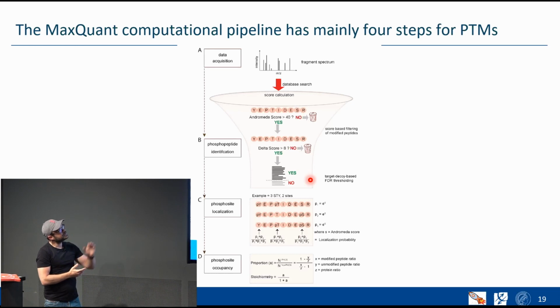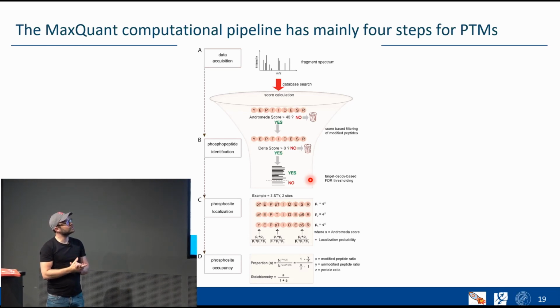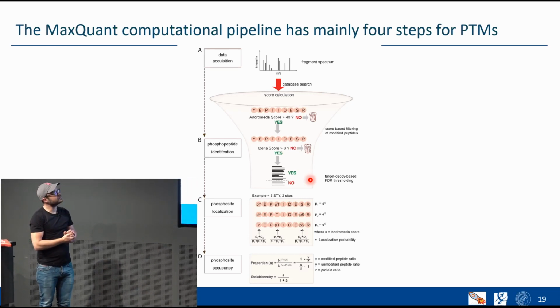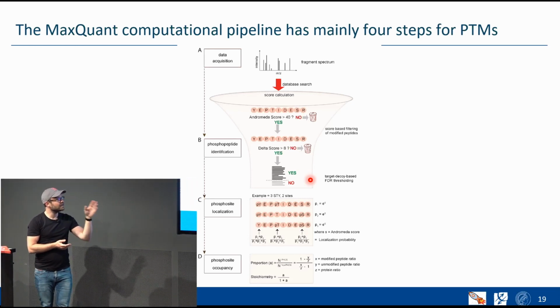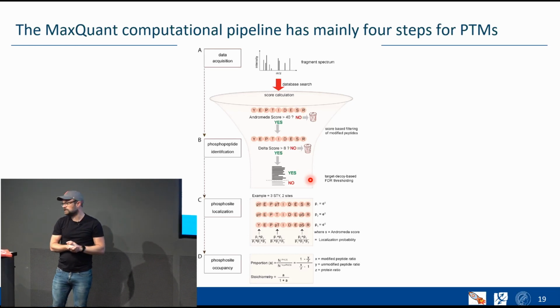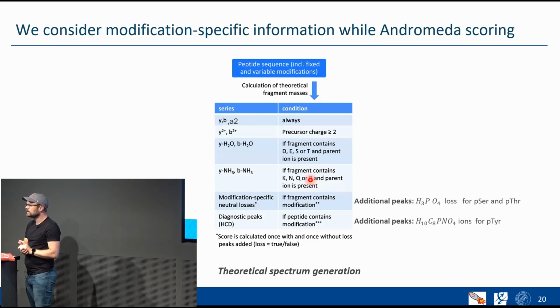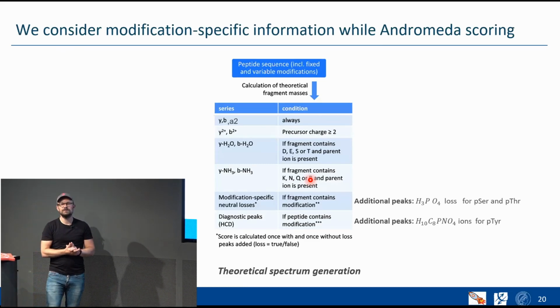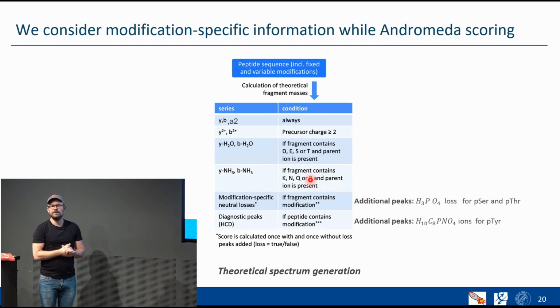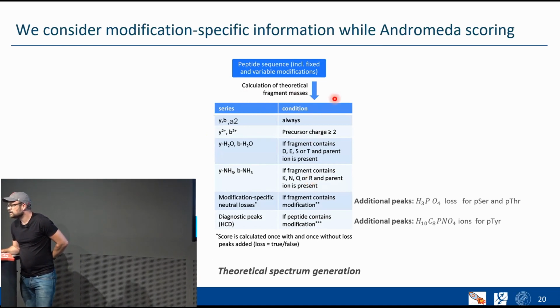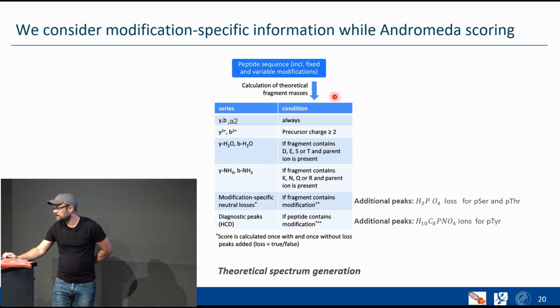So first, there is this identification step, similar to what is done in MaxQuant. And then the next step is calculating the phosphosite localization, and afterwards the occupancies. For the identifications, as you learned, a theoretical spectrum is needed. And this table shows how the theoretical fragment masses are calculated.